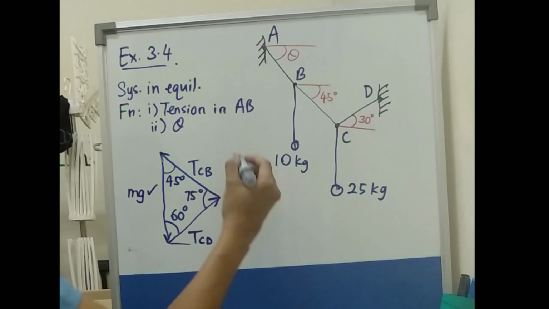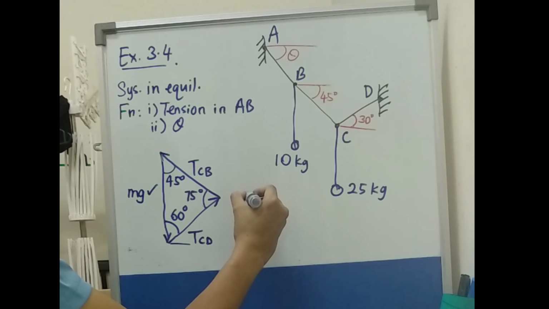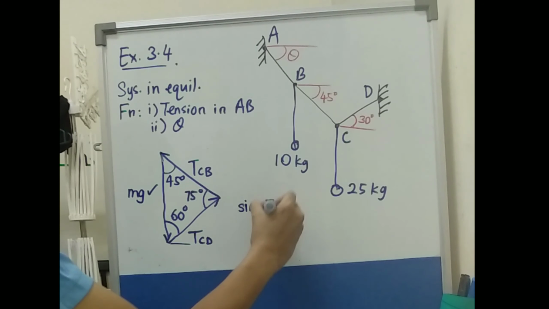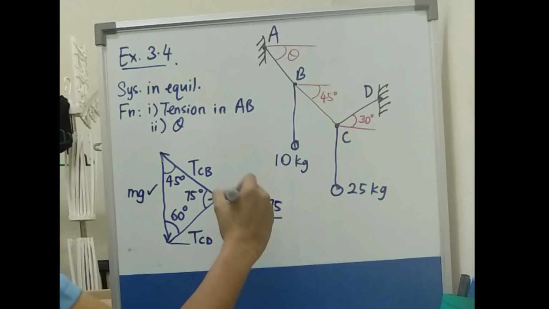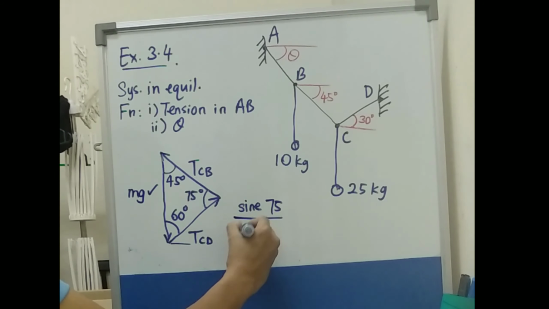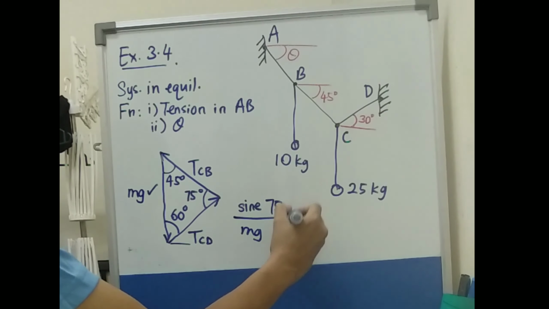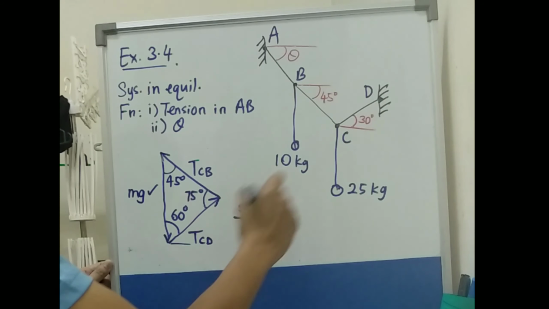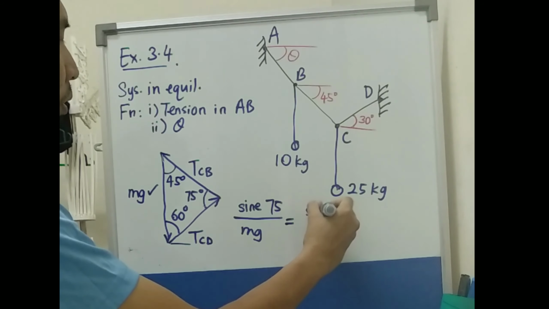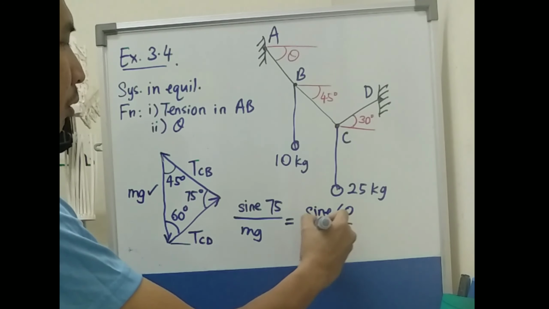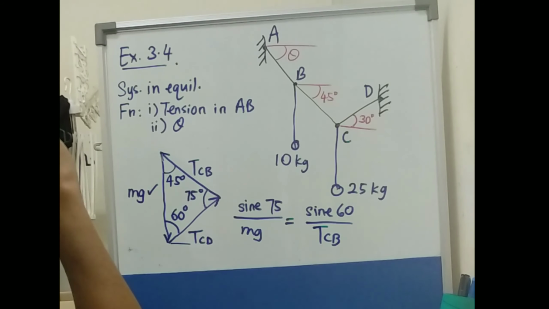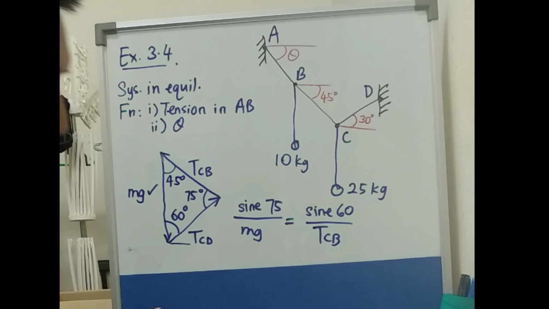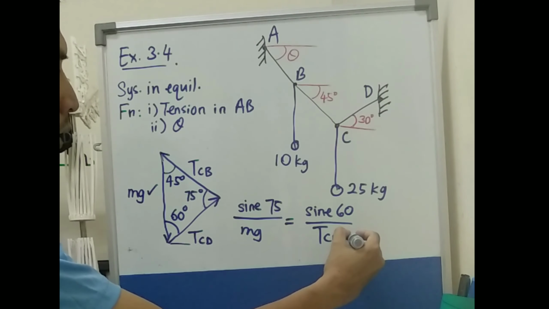So you can use the sine rule. For example, sine 75 over mg is equal to sine 60 over TCB. Using this sine rule, look for TCB now.